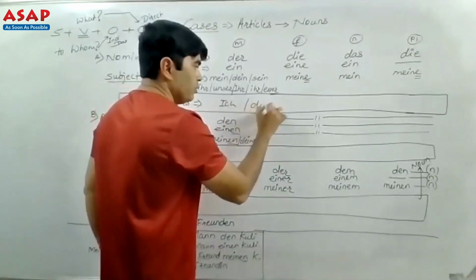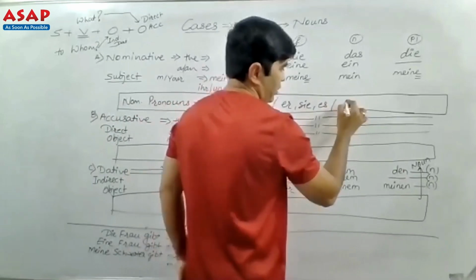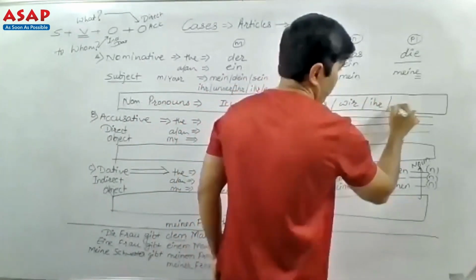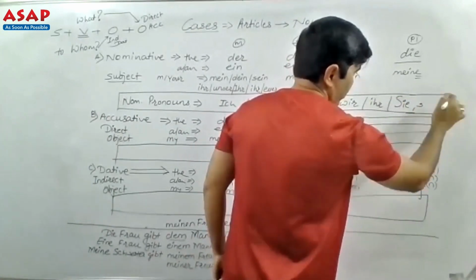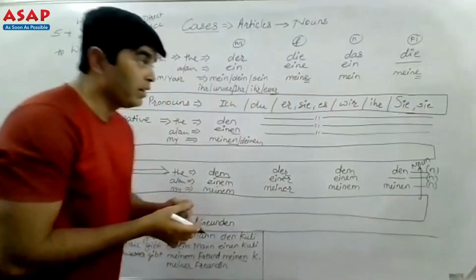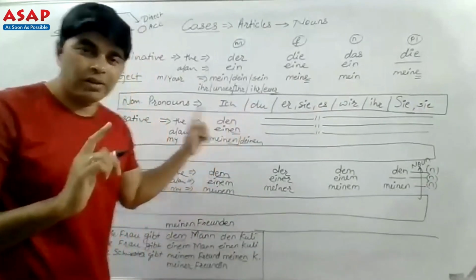Ich, du, er, sie, es, wir, ihr, sie, Sie, and you know the meaning. If someone asks me the meaning of any of these words, I will say repeat A1 now. You cannot continue.